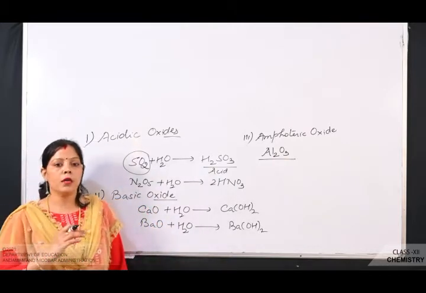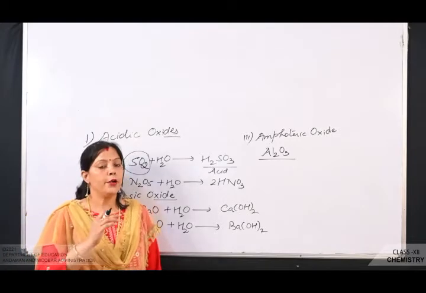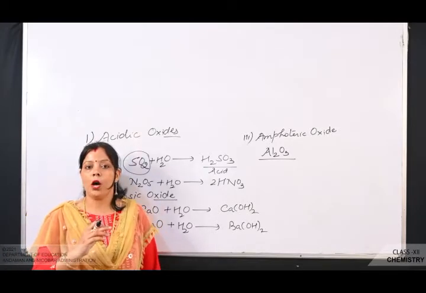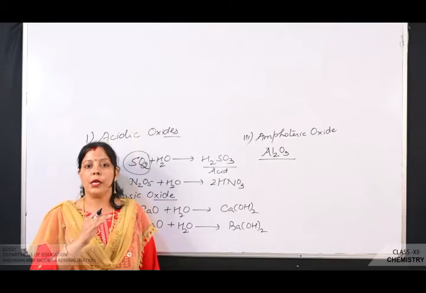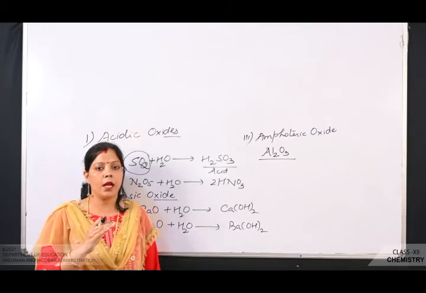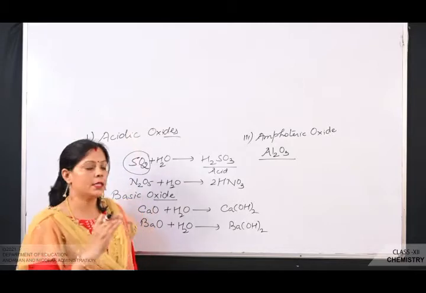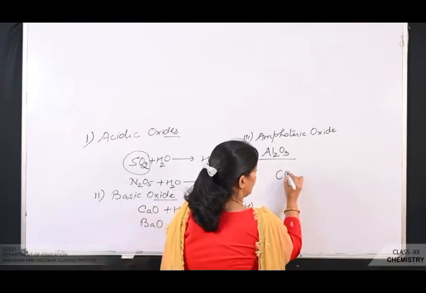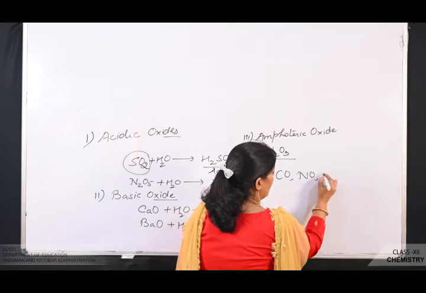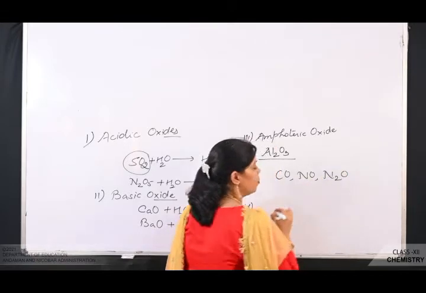Children, there are some oxides which are neither acidic nor basic. Such oxides are called neutral oxides because they show neither acidic nor basic behavior. Examples are carbon monoxide, nitric oxide and dinitrogen monoxide.